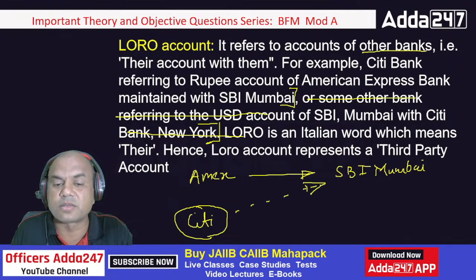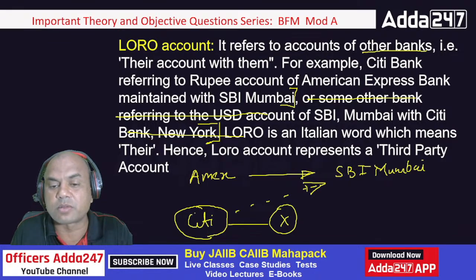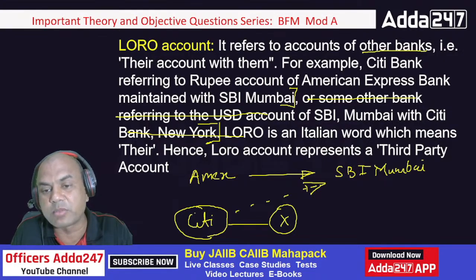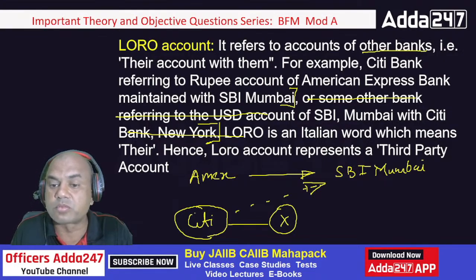Suppose they are telling me, Mr. X, some funds are to be credited. For covering this, you have to credit the American Express Bank account with SBI Mumbai. You have to transfer the funds to this SBI Mumbai account.